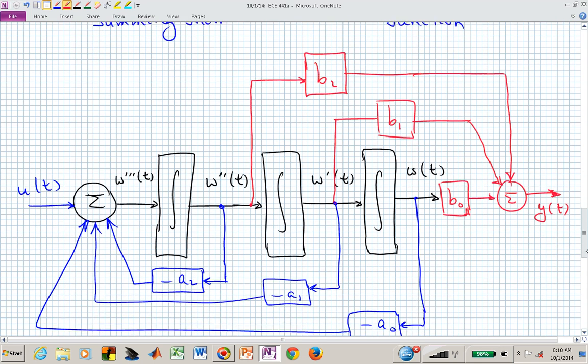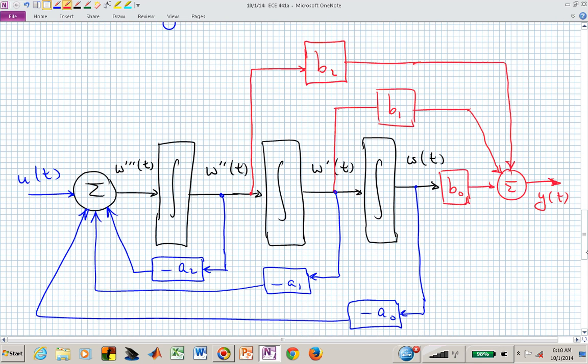This is now a way to create another block diagram representation from a transfer function description. And this is different from the previous one that we looked at last time.